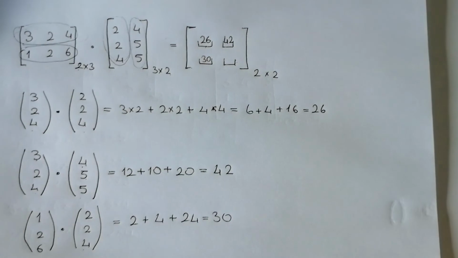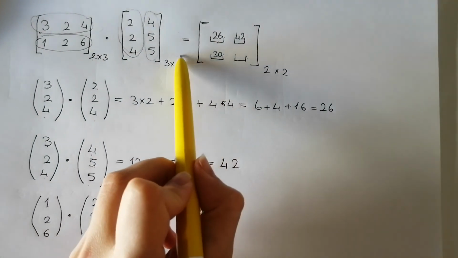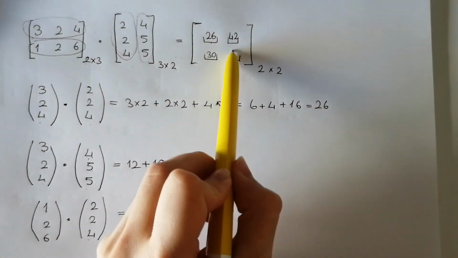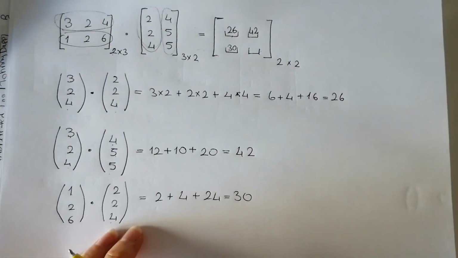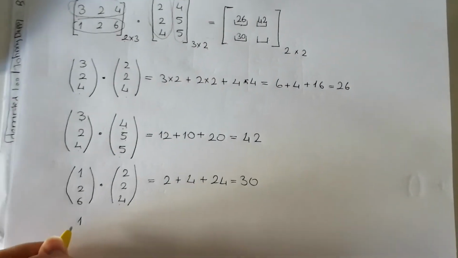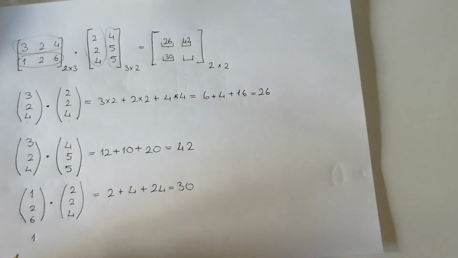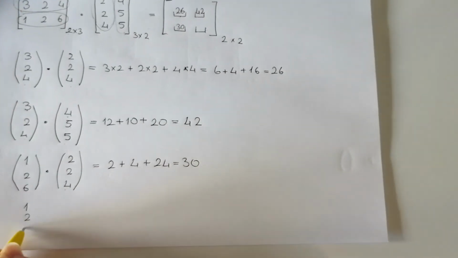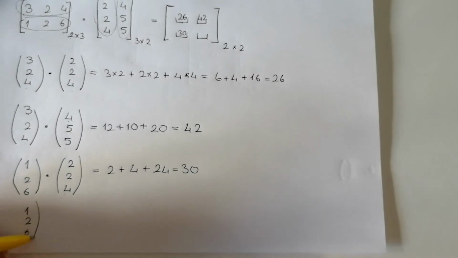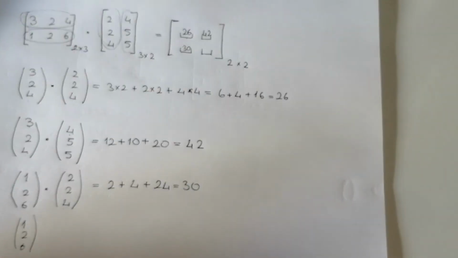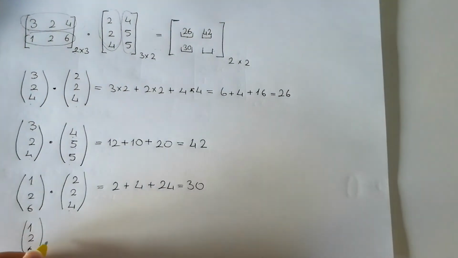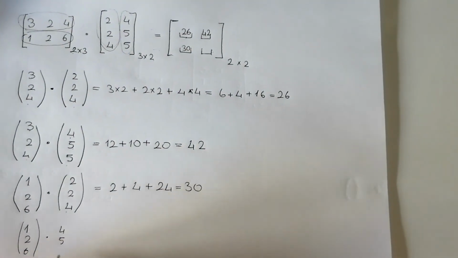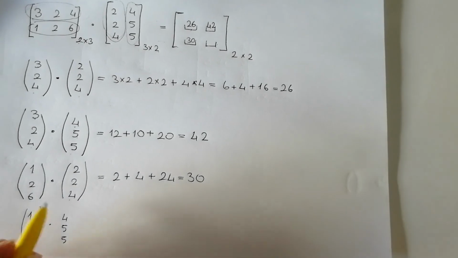And let's find the last entry. This is the second row and second column. So we take the second row, which is 1, 2, 6. Second row, second column, 4, 5, 5.